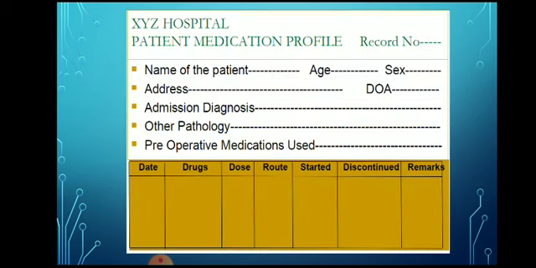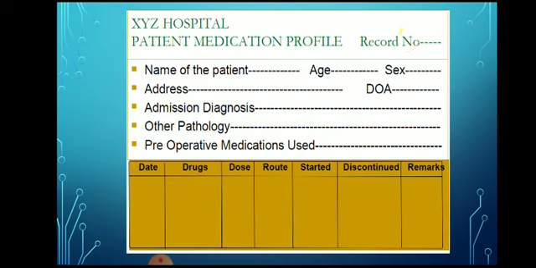Then we have a specific form which gives the patient medication profile, and it is to be maintained for every patient. Let us see what that form includes. Easy format again. At the top you can see the name of the hospital, then the patient medication profile.